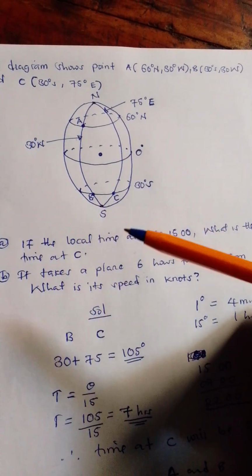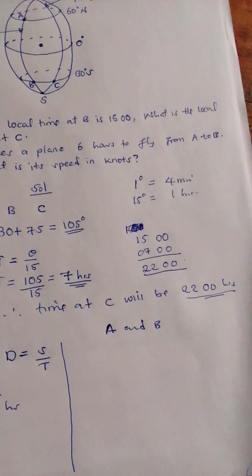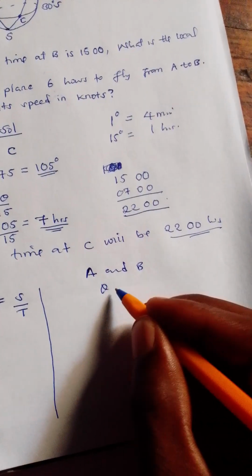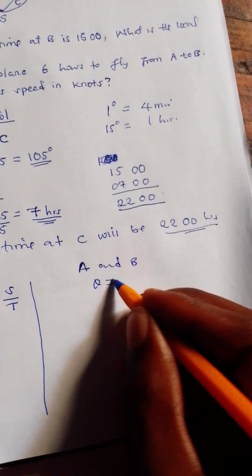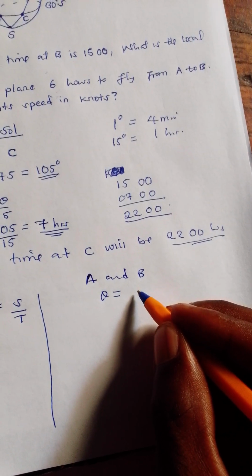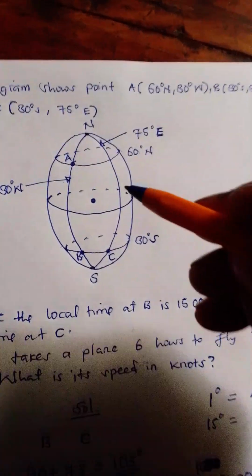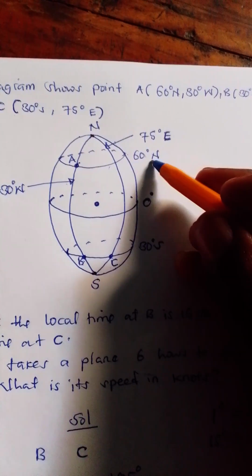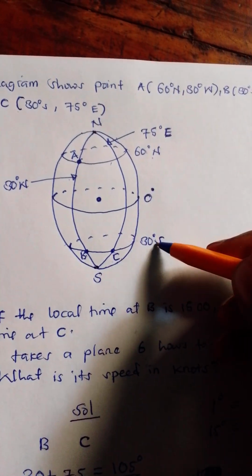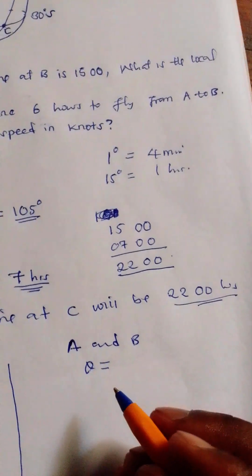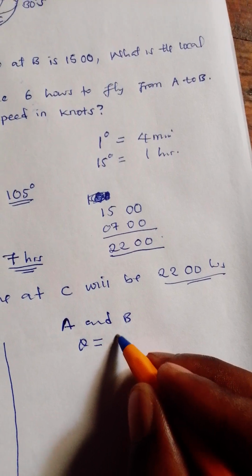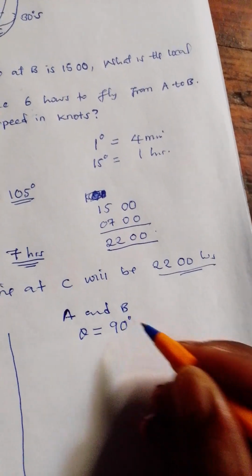But in this case, we add them. So our theta is 60 plus 30, which gives us 90 degrees.